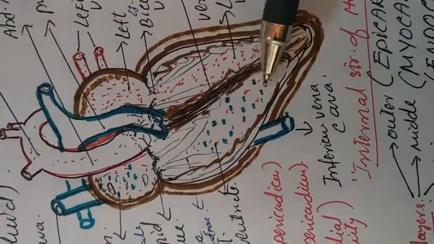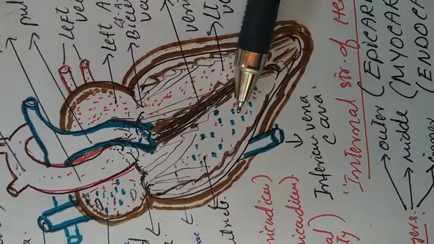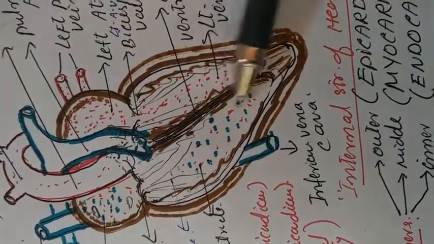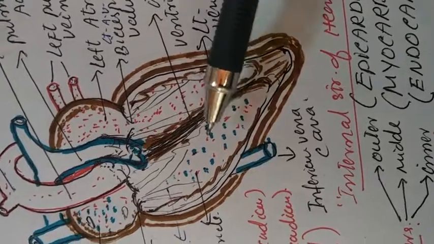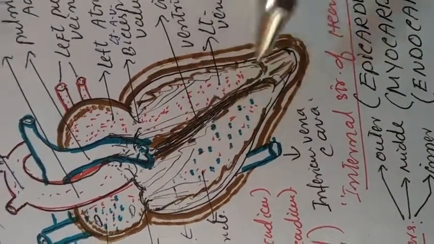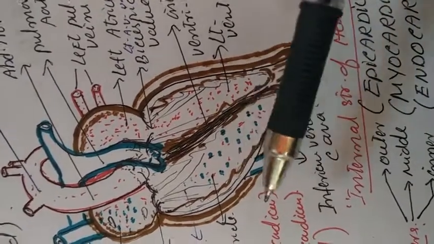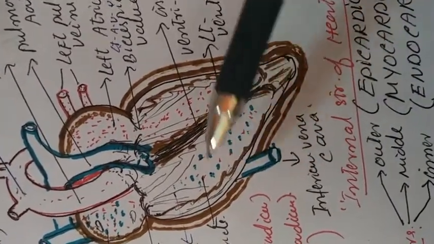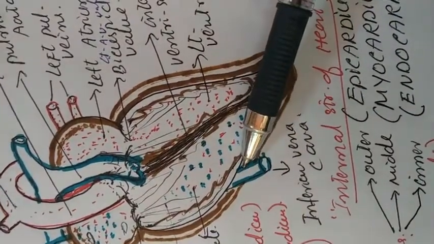The two ventricles are separated, as you can see, by the interventricular septum. The atria and ventricles are separated by the auriculoventricular septum, and these two ventricles are separated by the interventricular septum.